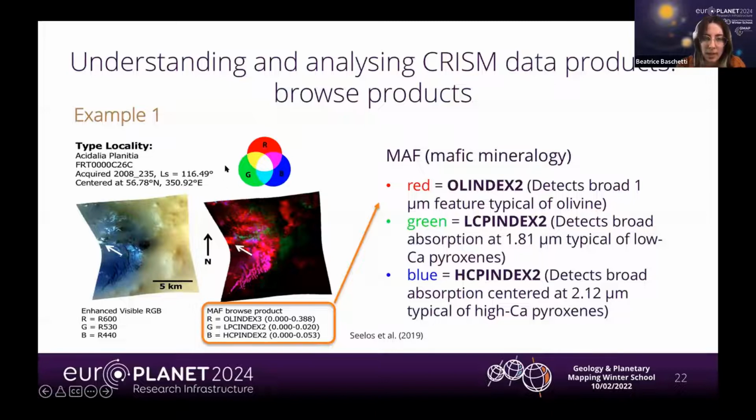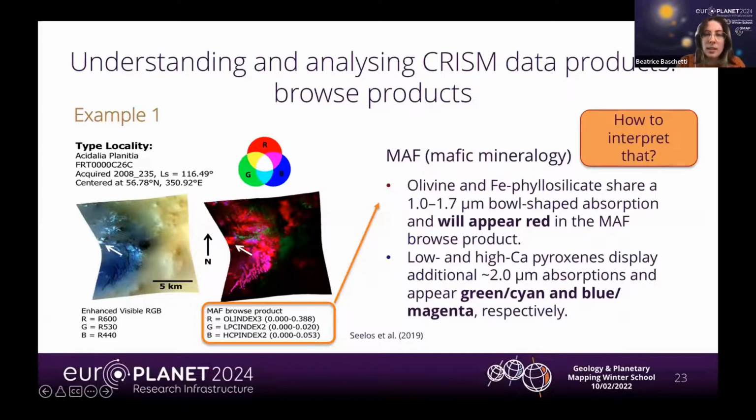So if we combine that with the RGB color scheme, we obtain this image. And here's how you can interpret this image. Here it says olivine and iron-rich phyllosilicates will appear red. So we expect that in these red areas, we'll have either olivine or iron-rich phyllosilicates.